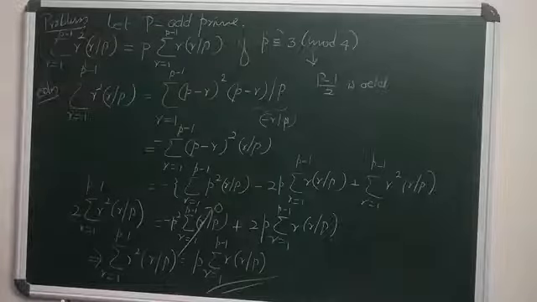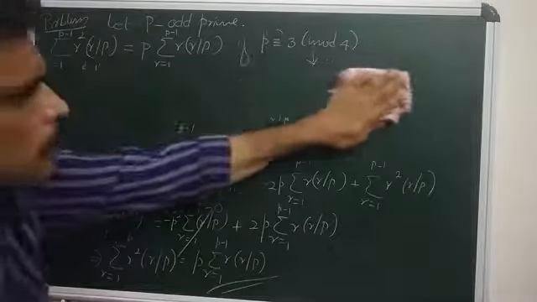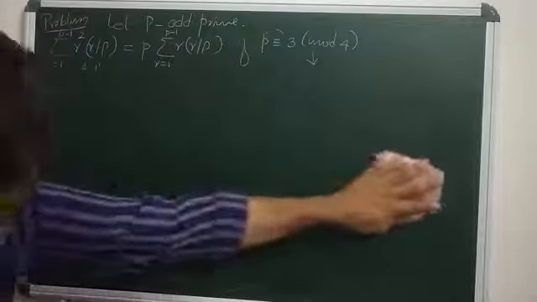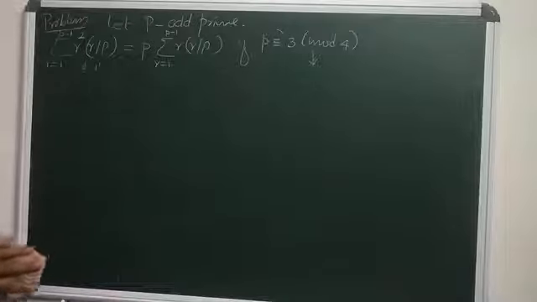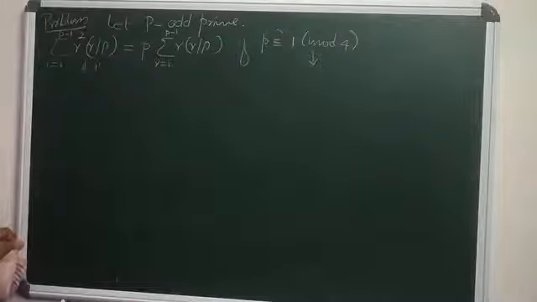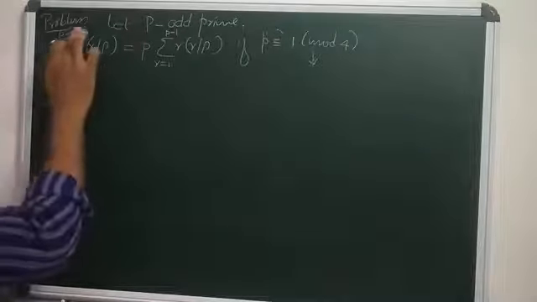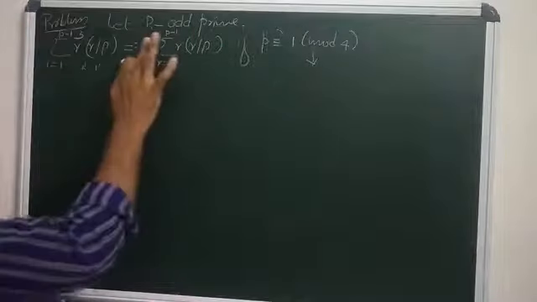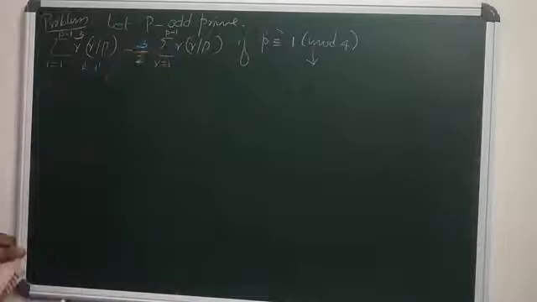Now we are going to our third result. The same argument: if P is congruent to 1 mod 4, then the sum over r from 1 to P minus 1 of r cubed times (r/P) equals 3/2 times the sum over r from 1 to P minus 1 of r squared times (r/P).